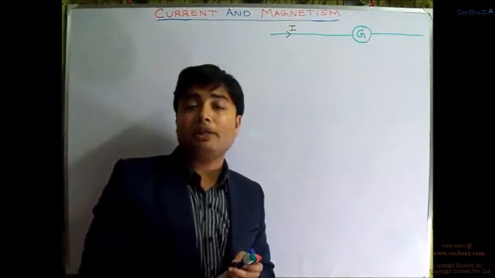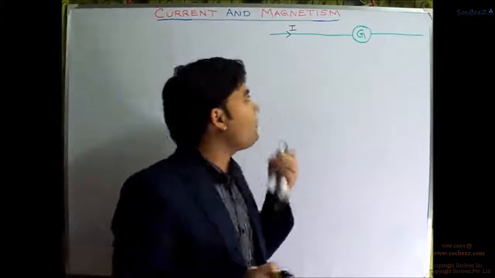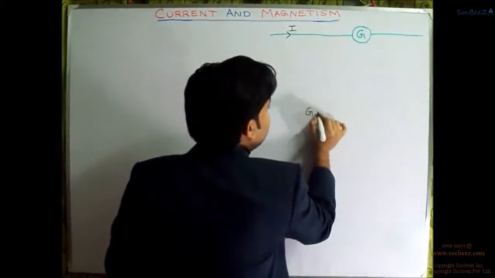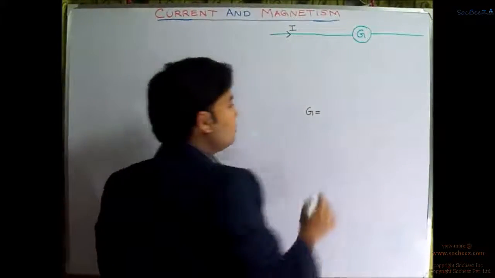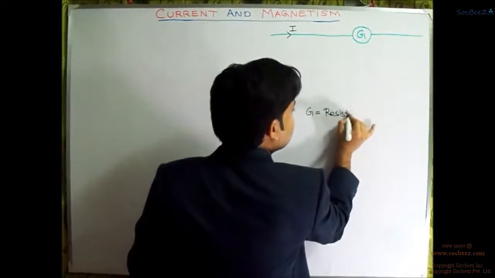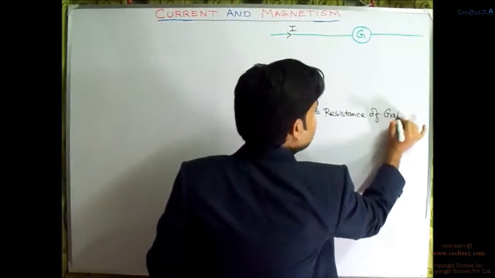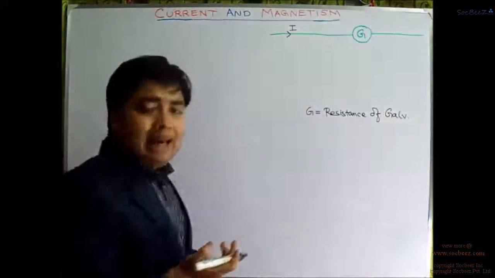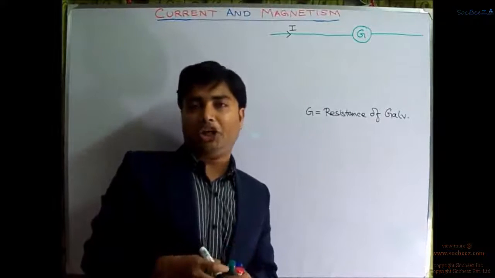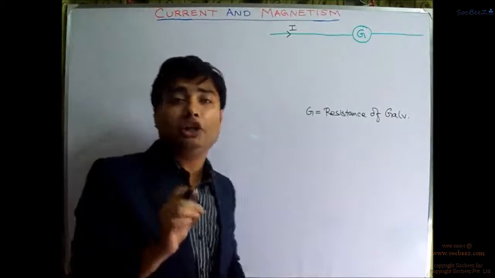So here comes the limitation of a galvanometer. First of all, if we take G as the resistance of the galvanometer, this will give its full deflection for an amount of current only Ig.